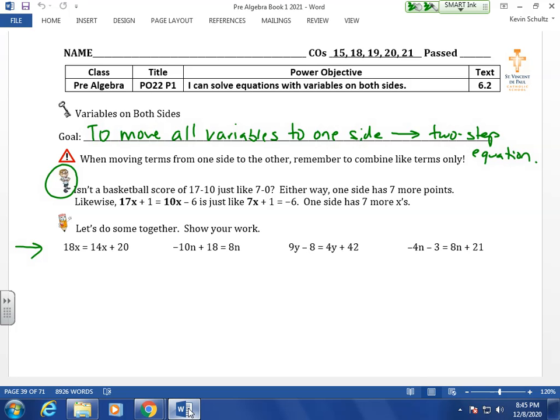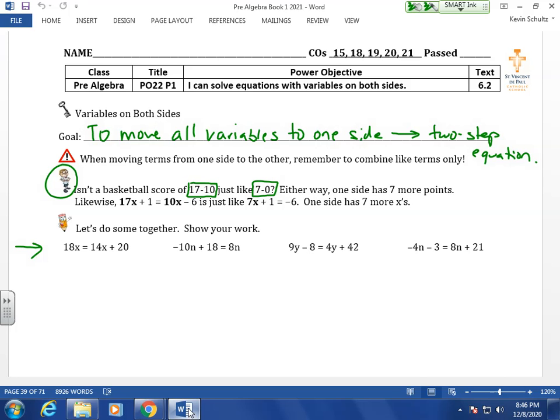And so if you're ahead 17-10, that's really just the same as being ahead 7-0, right? If your coach were to call timeout, rather than saying, all right, the score is 17-10, probably gonna say something more like, all right, we're up by 7, right? Because it doesn't really matter what the numbers are. A difference of 7 points is just a difference of 7 points, okay?